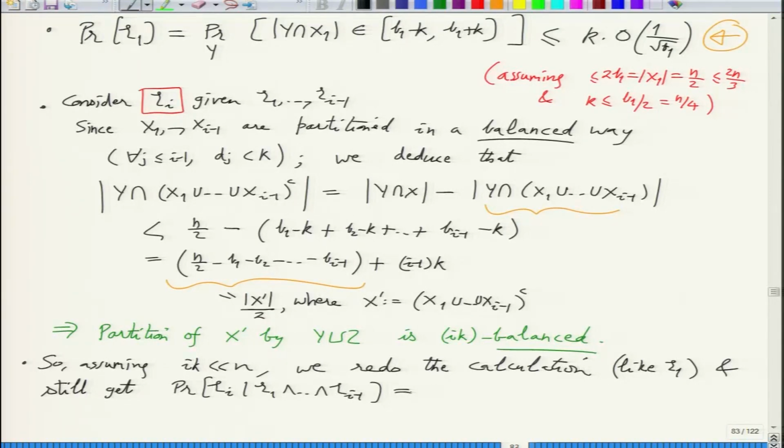So which will be k times big O of 1 over square root of bi.